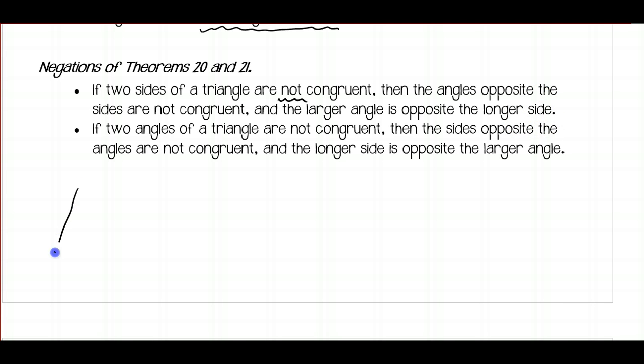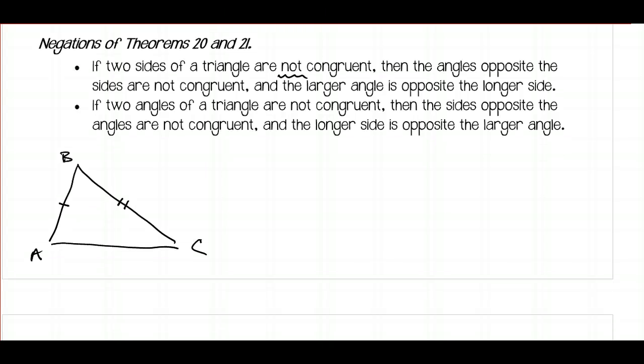So if I have a triangle that's not isosceles, here's triangle ABC, and I know that AB is not congruent to BC, I'll show that with tick marks. And I know we're not supposed to do this, but if we go by how these sides look, since AB is shorter, we'll just assume that it is, than BC, then the angle opposite it is going to be smaller than the angle opposite side BC.